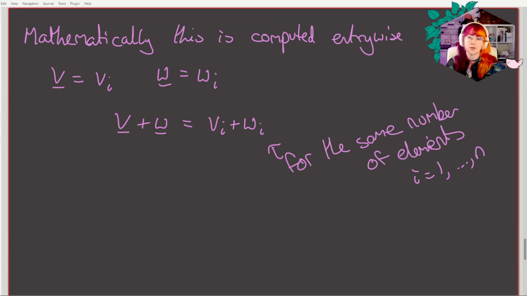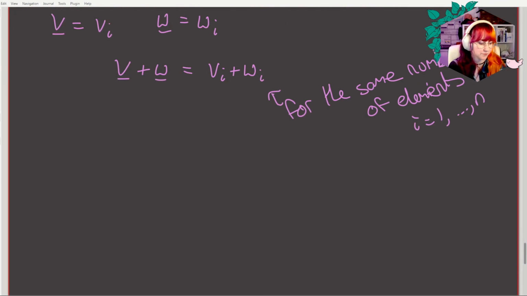So this is a good point, that you can only really add vectors when they are the same length. You can't add a 2D vector to a 3D vector because you're then missing, you have Vi plus something. And, well, that something is nothing, and then that breaks.